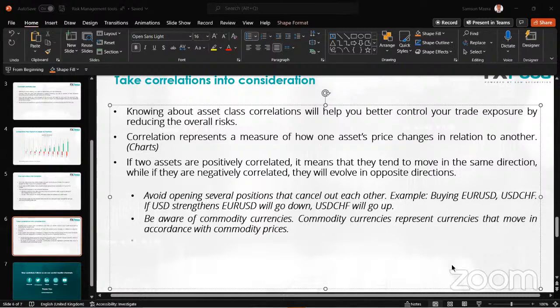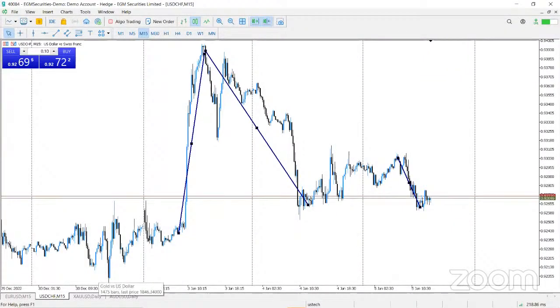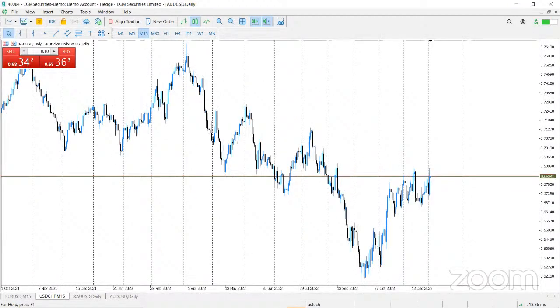Yeah, so if I was to go back to this, let's look at, for example, Australia dollar, which is generally correlated to gold. The reason it's correlated to gold is Australia exports a lot of gold. So an increase in the price of gold will mean an increase for the value of exports for gold.